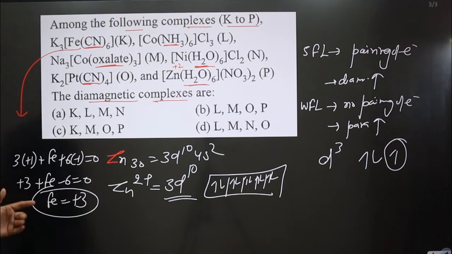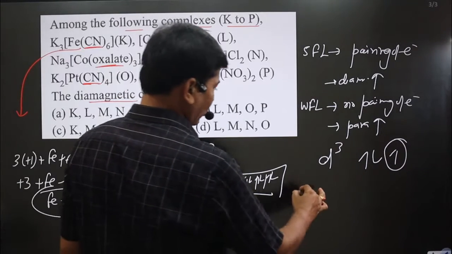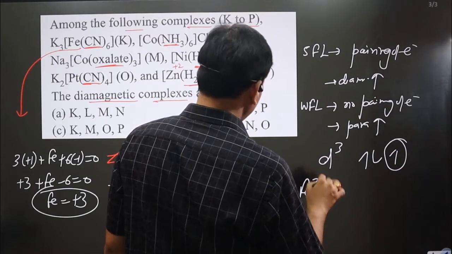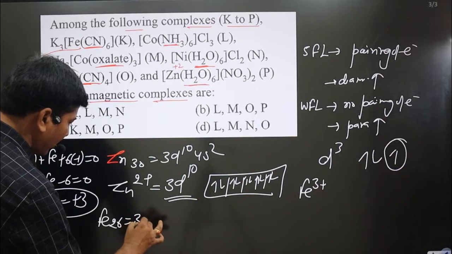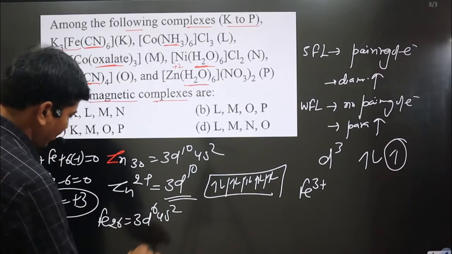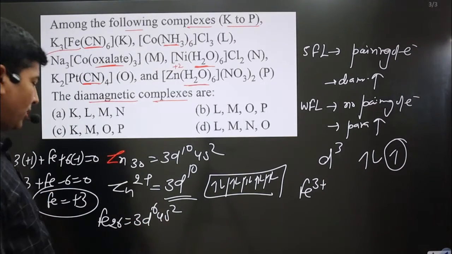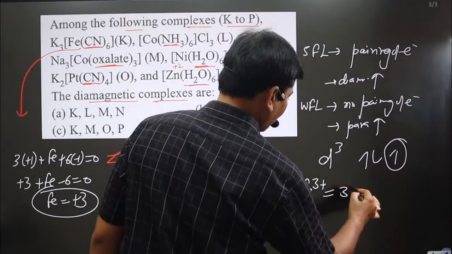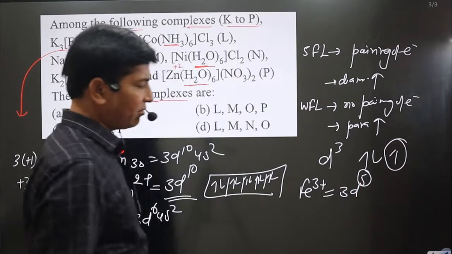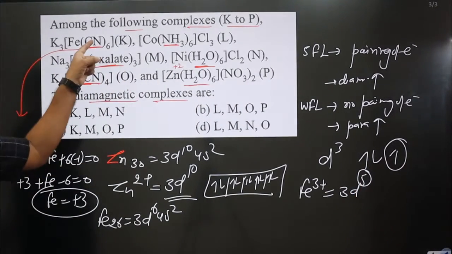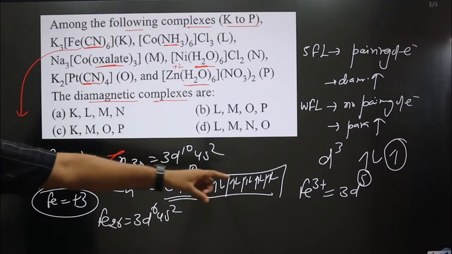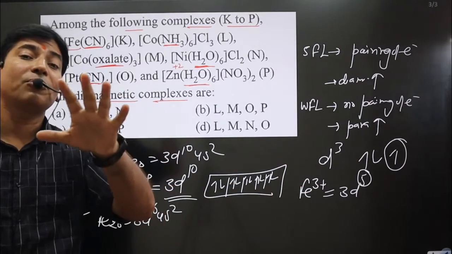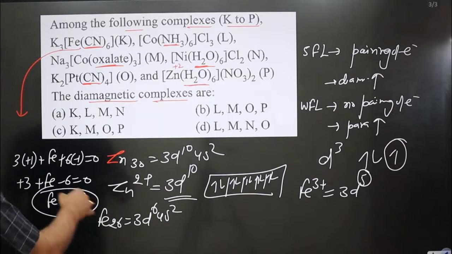Now we can write the electronic configuration. For Fe, atomic number 26, the outermost electronic configuration is 3d6 4s2. With a plus 3 oxidation number, it will lose 3 electrons, so it will be 3d5. You can see we got an odd number of electrons. Cyanide ion, a strong field ligand, is there, but the d orbital has an odd number of electrons, so we can eliminate this one.